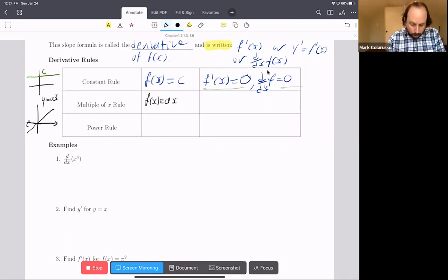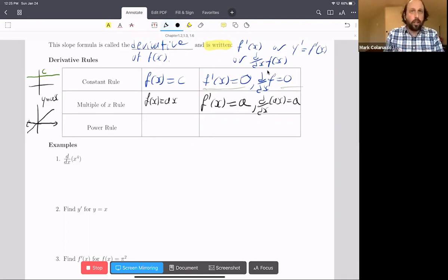So the slope function, or the derivative, is just the constant a. You write it this way: equals 0. Sorry, equals a.